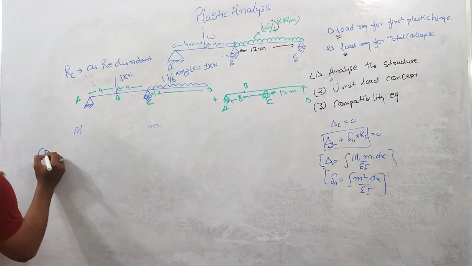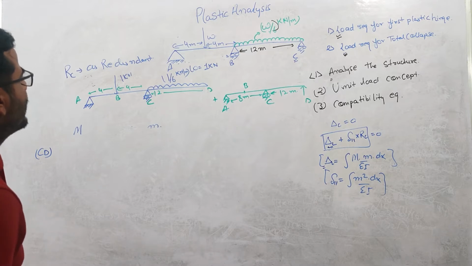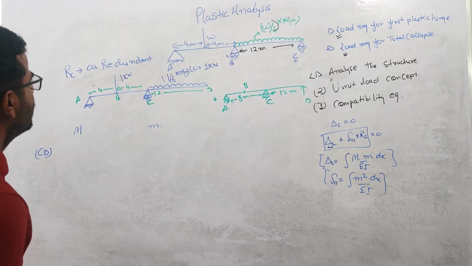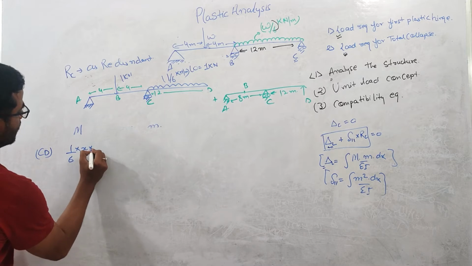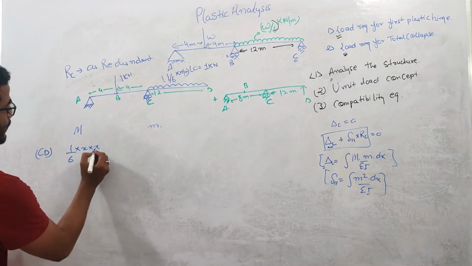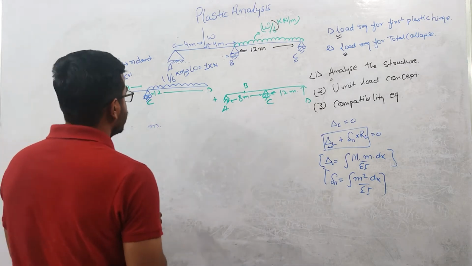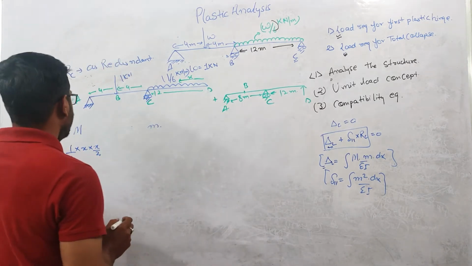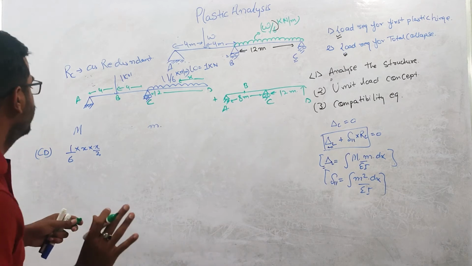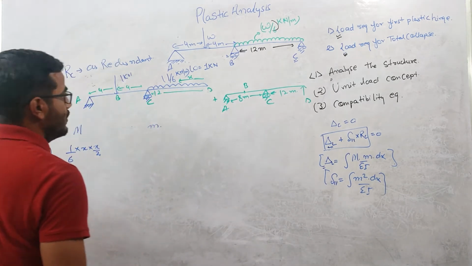Okay. So for the CD portion, the moment will be 1 by 6 into x by 2, right? At a distance x, the moment will be 1 by 6 into x, total load, into x by 2, will be the moment at this section x, right?